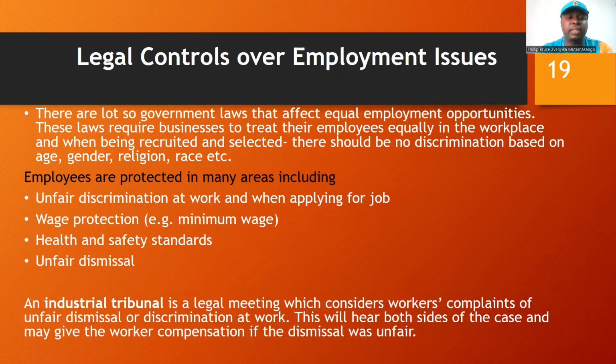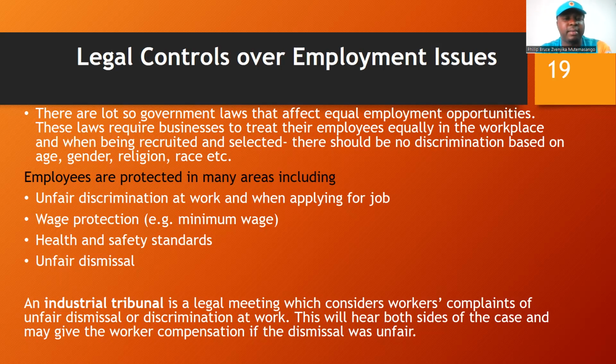So these laws require the businesses to treat the employees equally in the workplace. And when recruiting and selecting, there should be no discrimination based on gender, religion, race, or any other basis of discrimination. It shouldn't be there at all. All employees should be given equal employment opportunities and should be treated fairly because they're all humans.